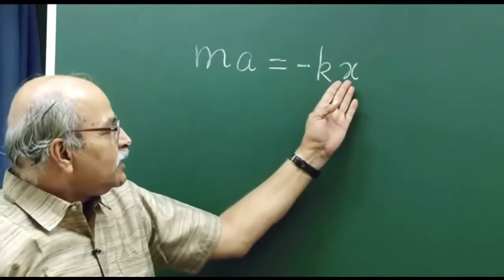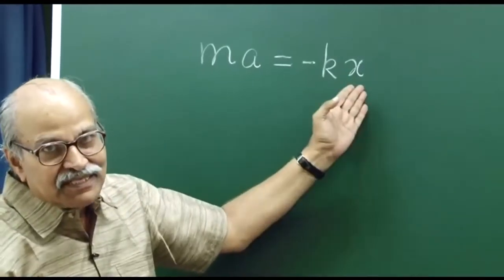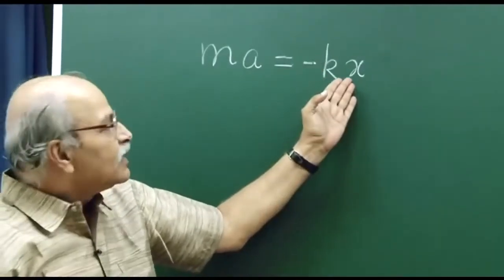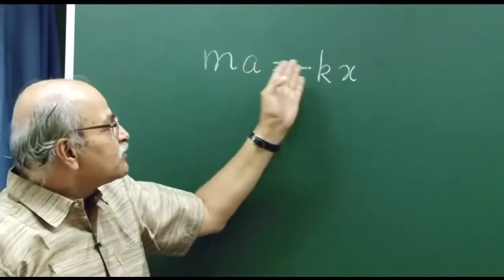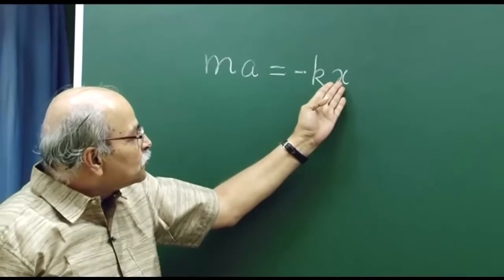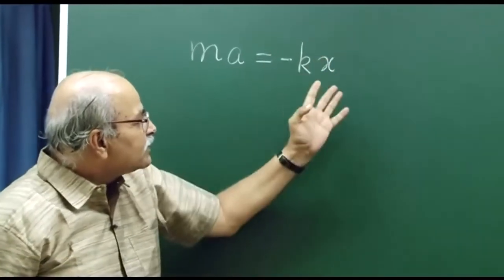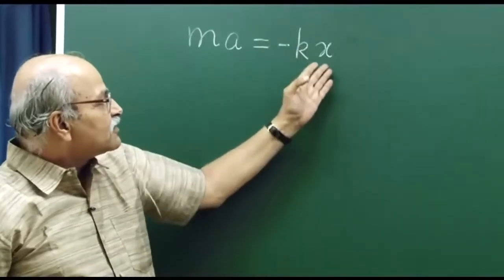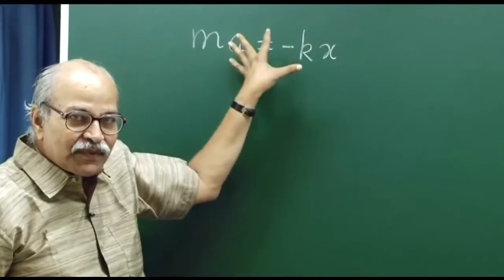I am talking in reference to a particle whose position is given by x and the acceleration is given by a. That means, if you have position as a function of time, you can tell what is the velocity, and if you have velocity as a function of time, you can tell what is the acceleration. So, this is the basic equation.